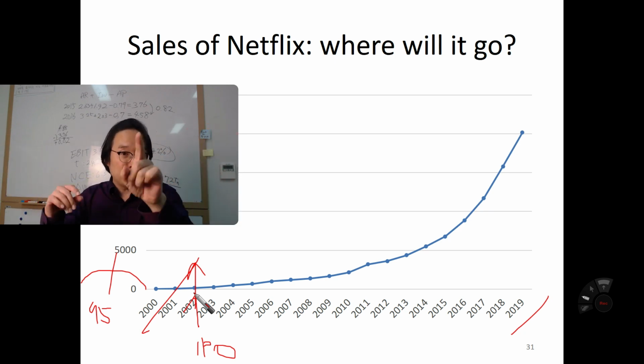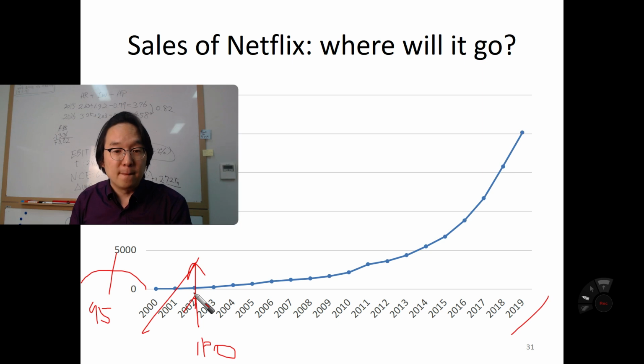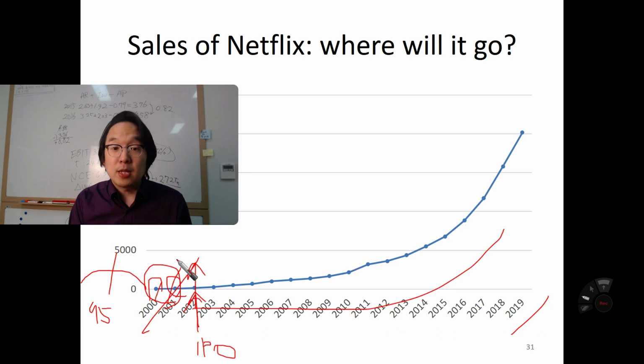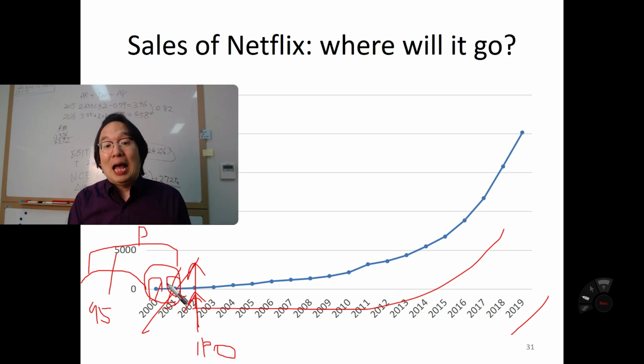This will be important for next week's discussion. Once you do the IPO, everybody has to know about your company, so your sales figure becomes public information. But the interesting thing is, how come the sales figures for the previous period are available, even though Netflix was a private company then?